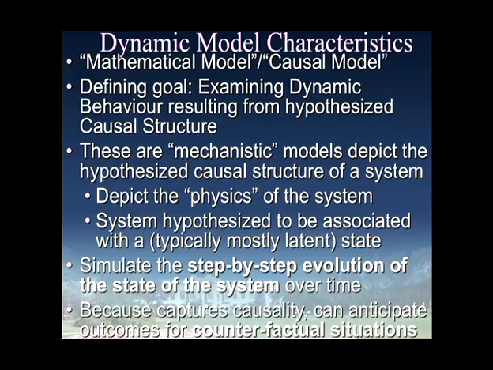They're models that, by and large, are going to depict hypothesized causal structure of a system, or of a little alternative system you may want to depict. They're mechanistic in the sense that they depict how things work in the system, in greater detail or less detail, but what causes what within the system.